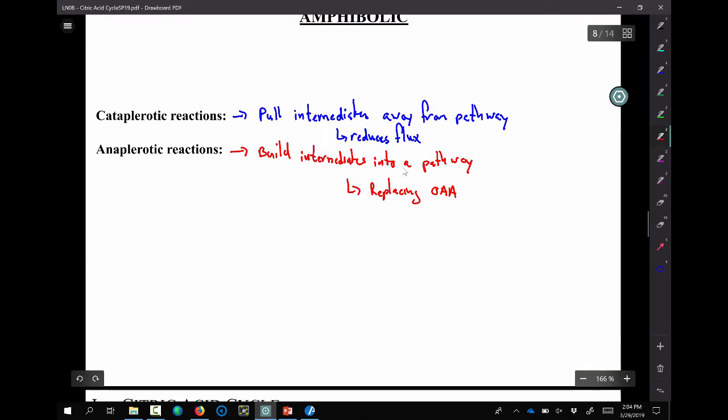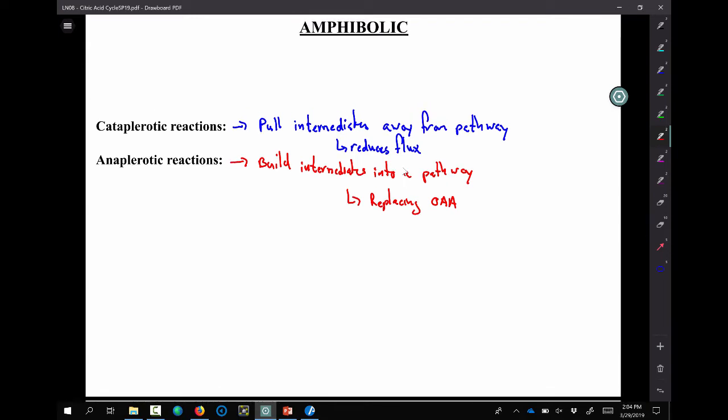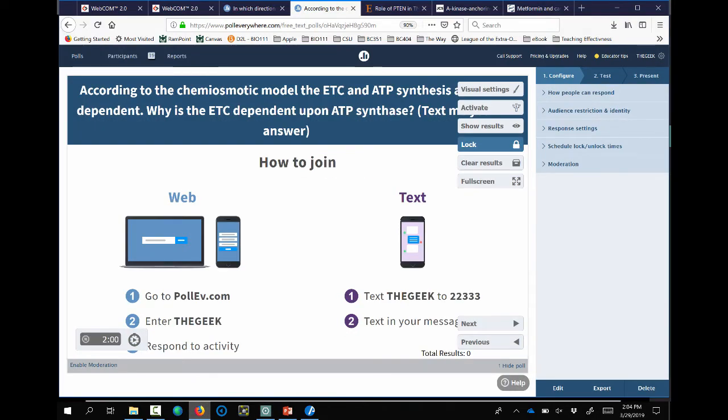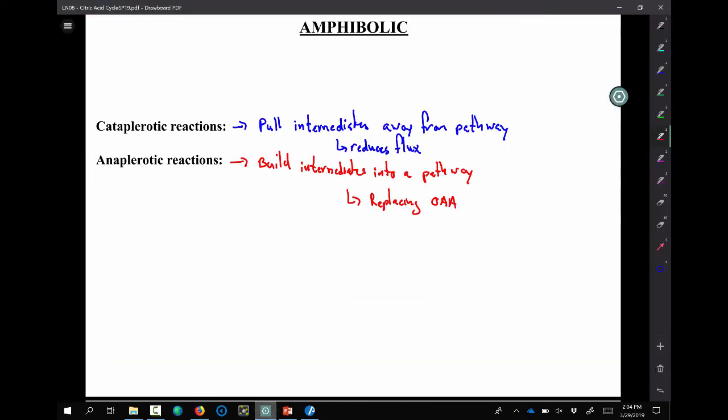And so to maintain proper flux and steady state levels of the intermediates in the citric acid cycle, there need to be these anaplerotic reactions. I asked a question about this, which essentially said, which of these will lead to a net synthesis of oxaloacetate?